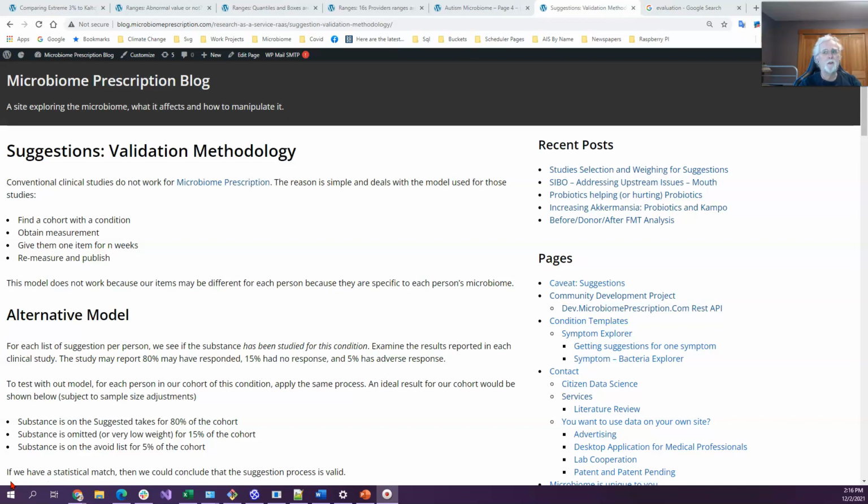With microbiome, it doesn't work that way, because trying to find a cohort of people with the same microbiome and the same medical condition is going to be a challenge, to put it mildly. It's like saying, okay, I want people with Crohn's disease, but it all must match this DNA profile. You may be able to get partial matching for a particular set of defects which are associated with Crohn's disease, but it's going to be messy.